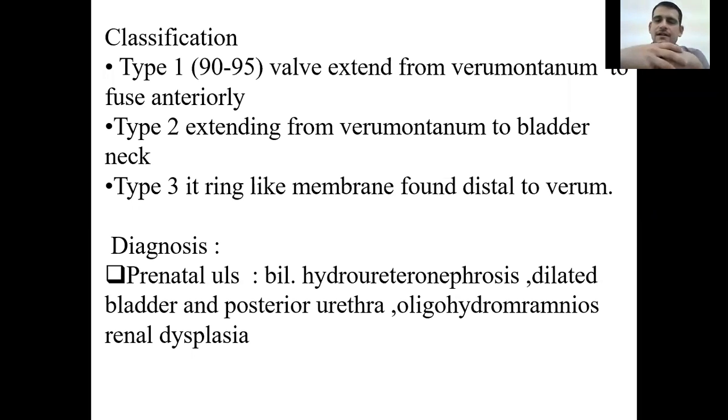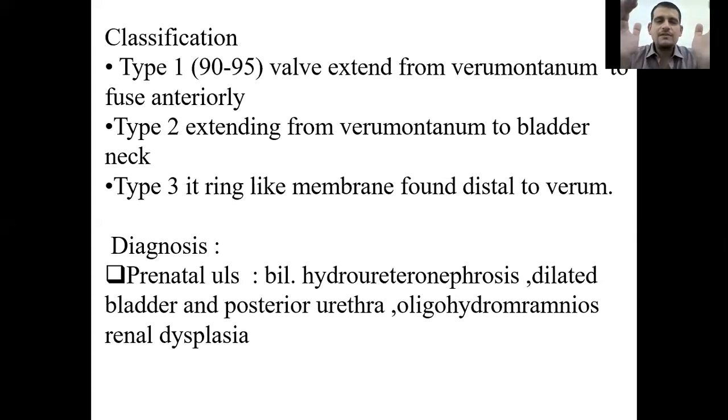When the doctor sends her for ultrasound follow-up, the radiologist says that the baby has bilateral hydroureteronephrosis, a dilated bladder and posterior urethra, I mean the prostatic and membranous urethra, and oligohydramnios and renal dysplasia. This is the scenario.